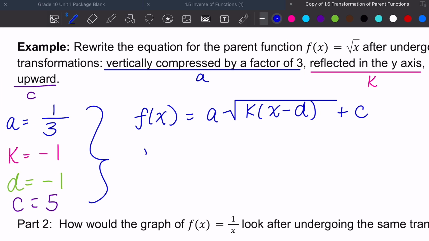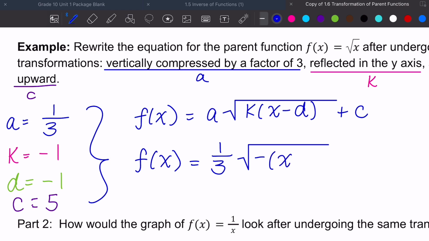So this is now just going to be f of x is equal to, my a value goes in front, so 1 over 3, and then square root, I don't have a value for k, so I'm just going to put the negative sign. I don't have to put -1. And then I have x plus 1, since I'm going to the left, so I'm following that same notation, and then plus 5 on the end.